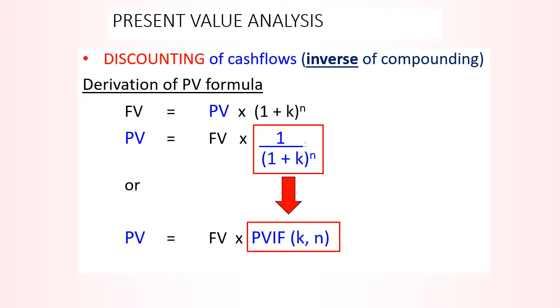So take note, there are two ways to find the answer. One is the 1 plus k formula. The other one is the table format method. For here, we refer to the PVIF table.